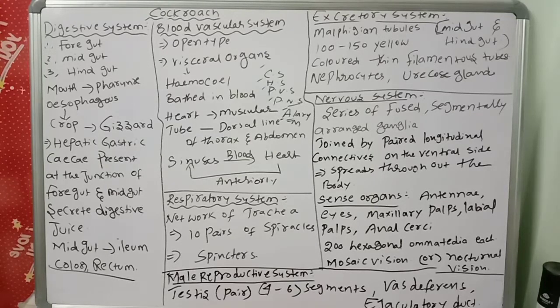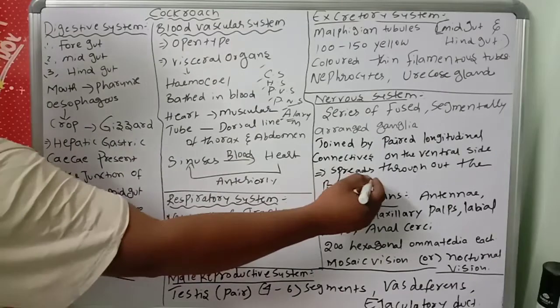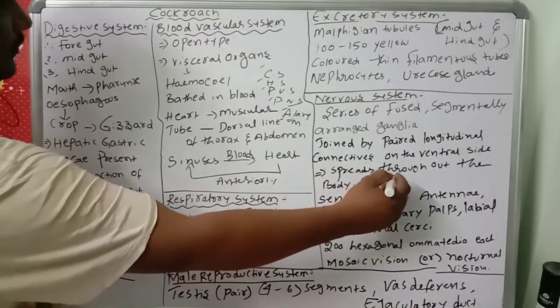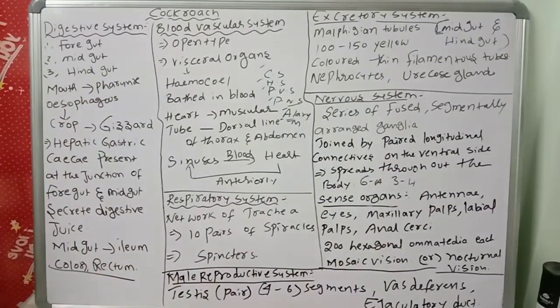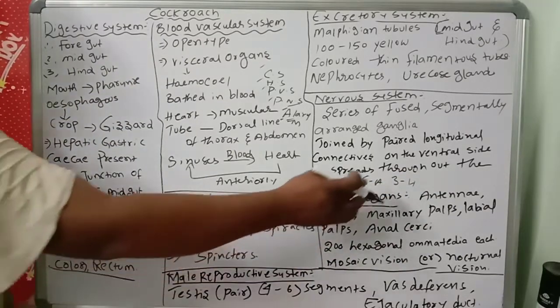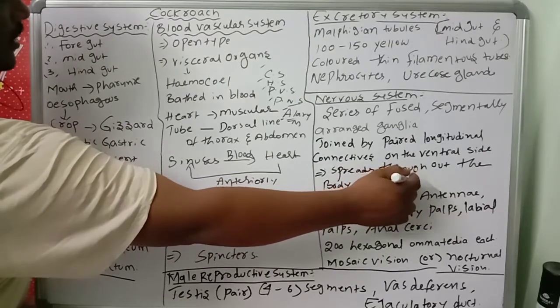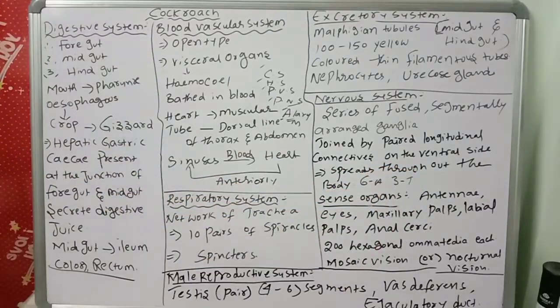Believe it or not, of the ganglia, 6 are in the abdomen region, 3 in the thorax region, and very few in the head region. Head, thorax and abdomen, right? 3 thoracic and 6 abdominal ganglia.